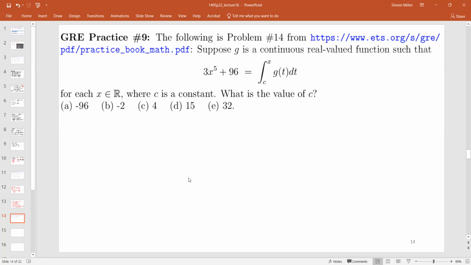Nope. I'm not telling you what the function g is. There's only one value of x, where if you put that in, you will know exactly what this integral is. You have to tell me what value of x to take. I'm integrating from c to x of g of t dt. I don't know what the function g is, but if you give me one special value of x, I know what the integral is.